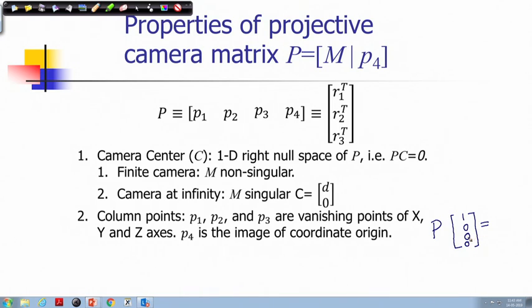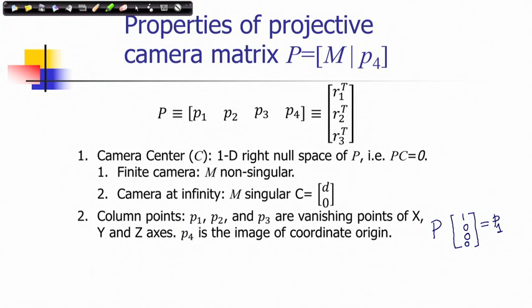Since P can be represented in the form of column vectors, you can check that this operation will simply give me P1. That is why P1 is the vanishing point of the x axis. Similarly, P2 is the vanishing point of the y axis and P3 is the vanishing point of the z axis. This is one relation I have shown here.